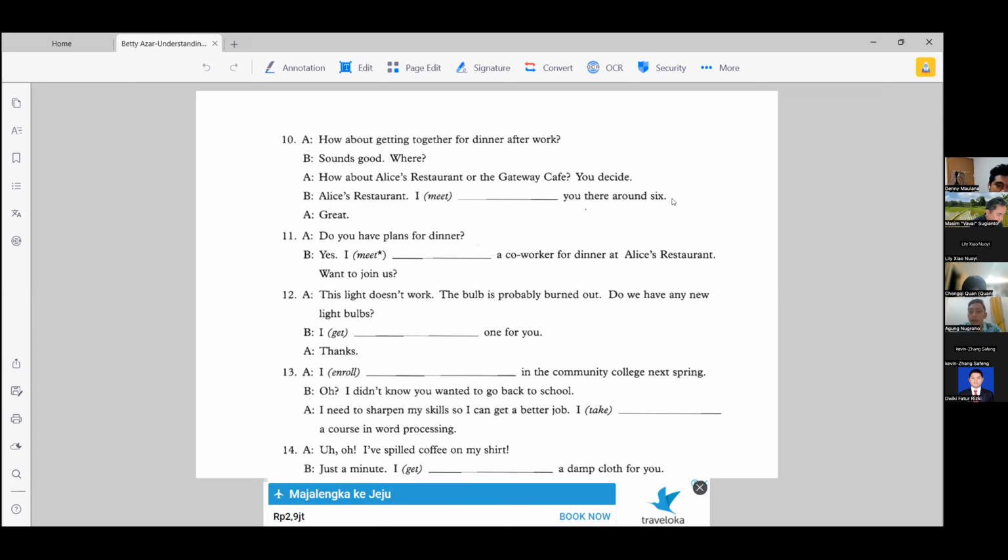So what was the answer before? I thought the answer was also I will meet you there, right? Or I'm going to meet. Was it I'm going to meet? Right, okay. And Danny challenged you by saying I will meet you there around 6.